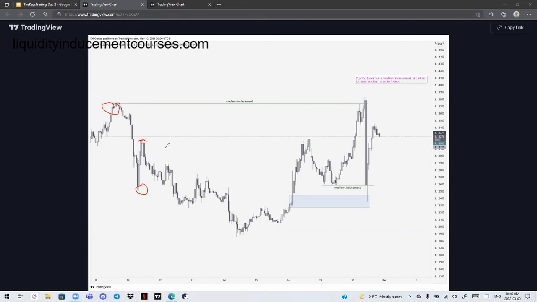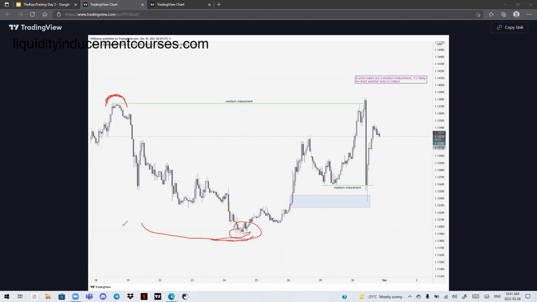if you're looking at the 1 minute, this would have been the structural liquidity that we'd like to see price take out. And then what we'd like to see is, I'll highlight the area that you need to look at. If you were to ever look for an order block, this is the area. But because this is the area for higher time frame, this is the area of inducement, because this is the first break of structure.